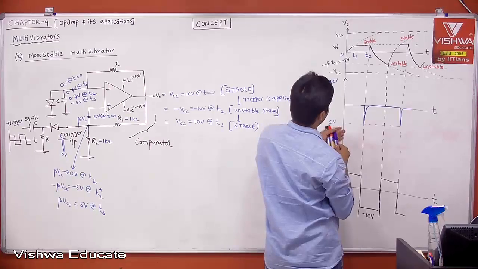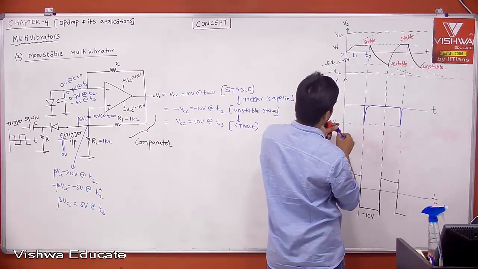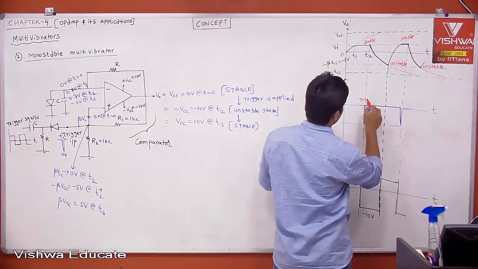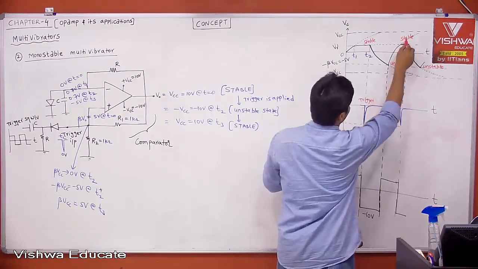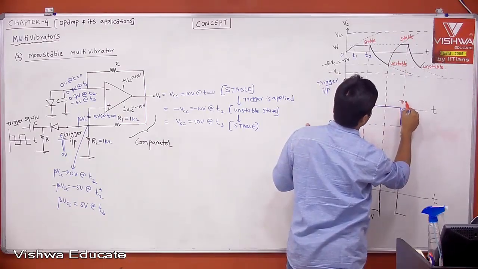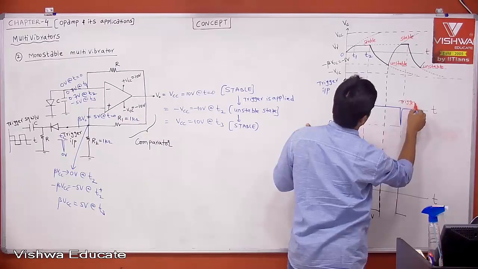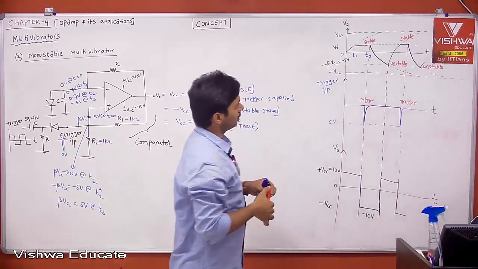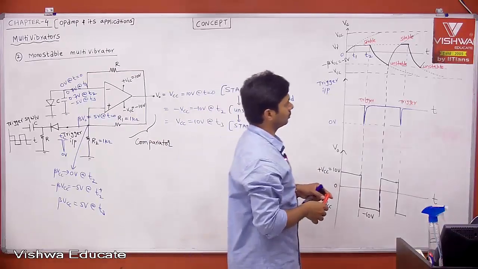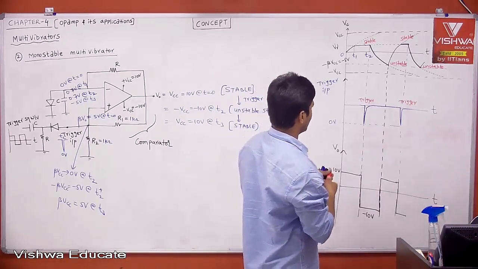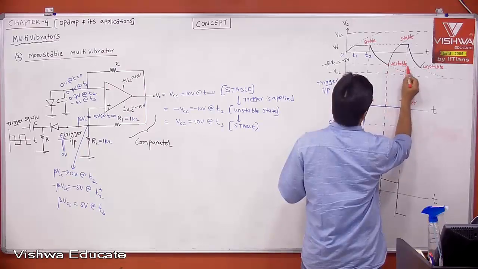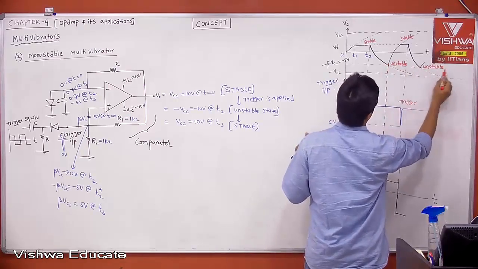Therefore trigger is applied exactly at this point. Therefore the negative trigger, this is our trigger. Trigger is applied only in stable states. When it is unstable state, trigger is not applied, okay. Exactly at this point it is unstable, okay. This is unstable, that is fine.